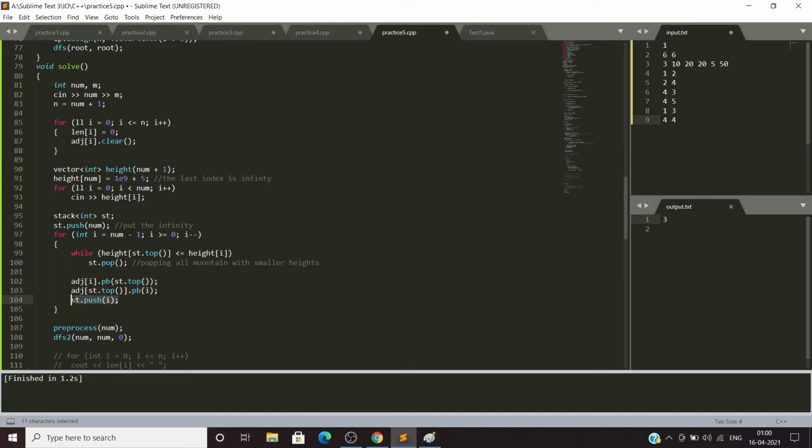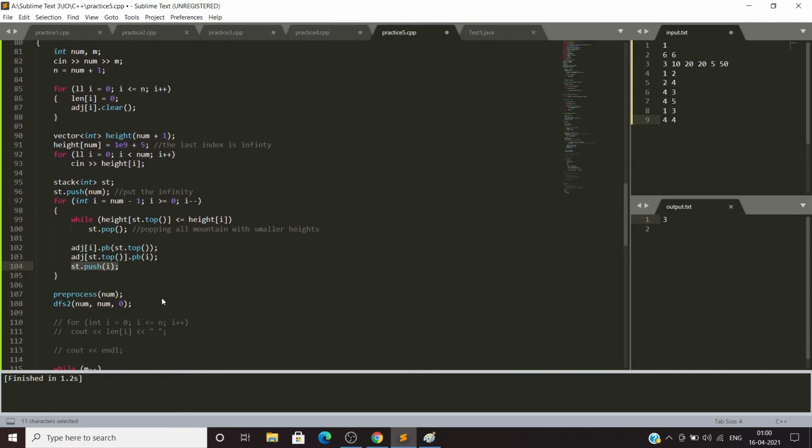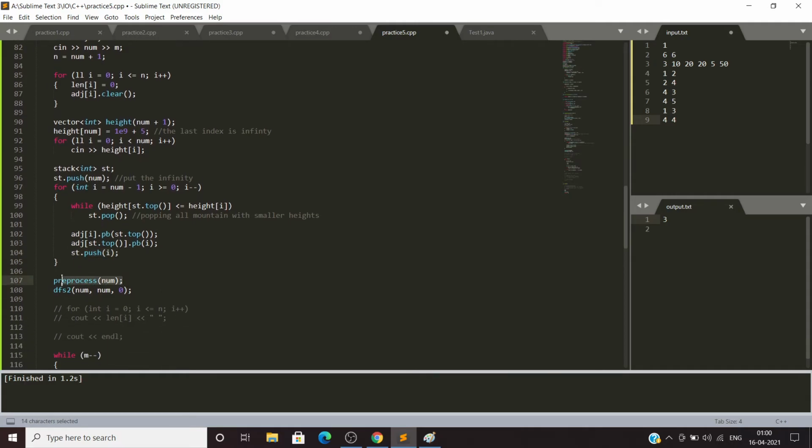After that, we put the current position in the stack. So here we are doing the LCA part with the root.